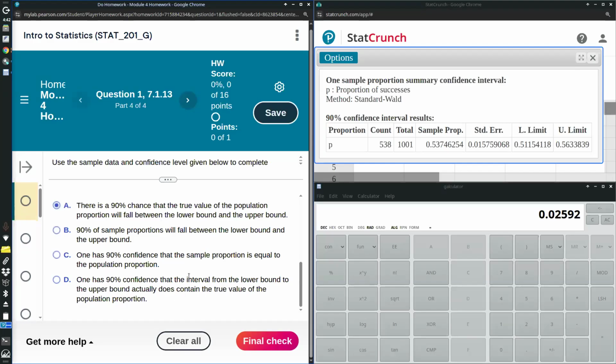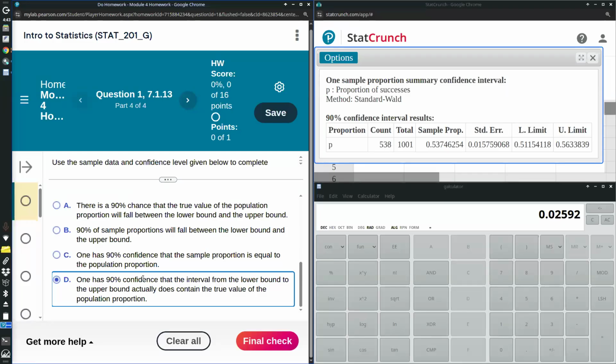One has a 90% confidence. So A and D sound so similar and they're really easy to mix up. But notice that you have a 90% confidence. There's not a 90% probability. So the key is in the wording. Both of them say that they have the true value between the lower bound to the upper bound. My eyes just scanned for the word true value so quickly.